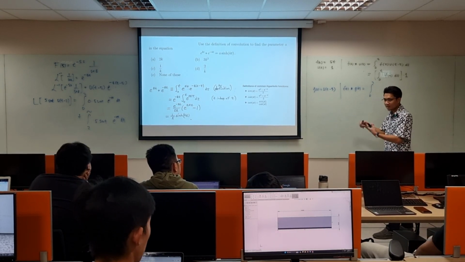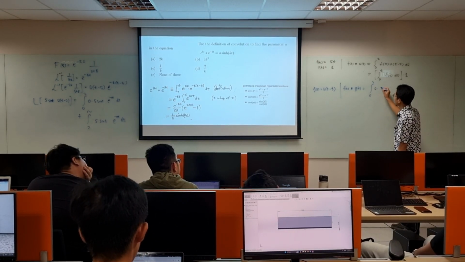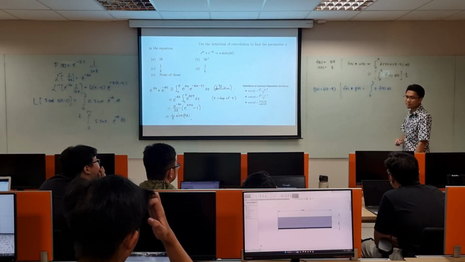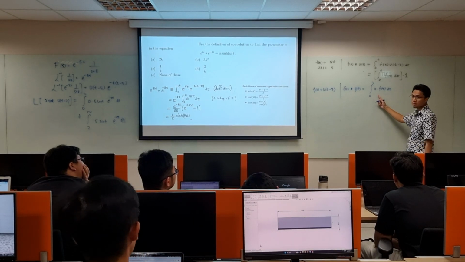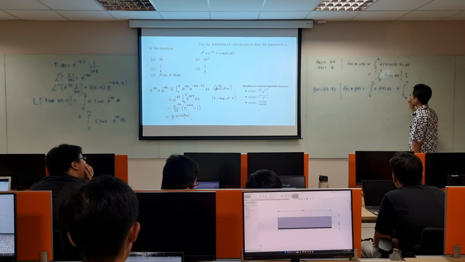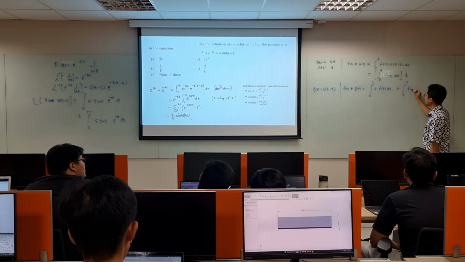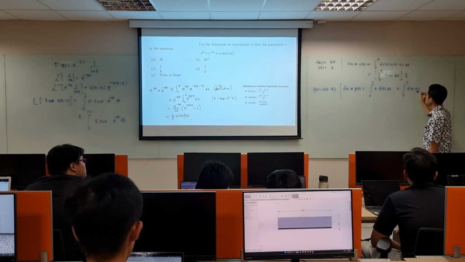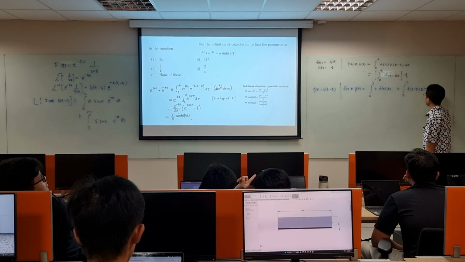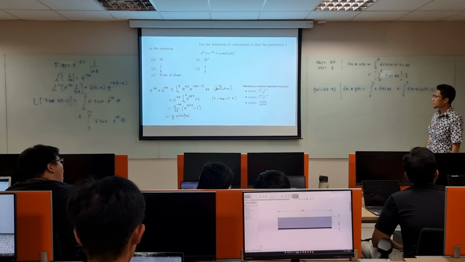This is delayed by 3 seconds. You have 0 times f(tau), which is 0, and then plus from 3 to t, I'm using this, and then I have the u(tau minus 3) d tau.